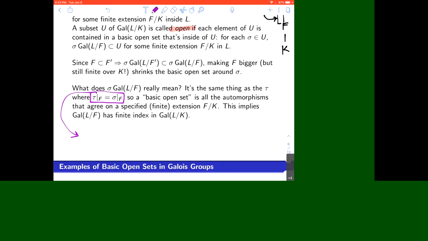Because you're telling me that for all alpha in that F, tau of alpha is equal to sigma of alpha.